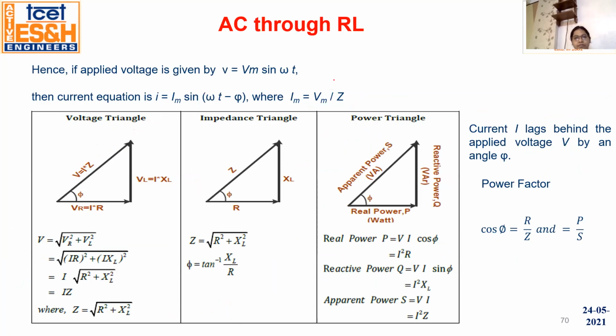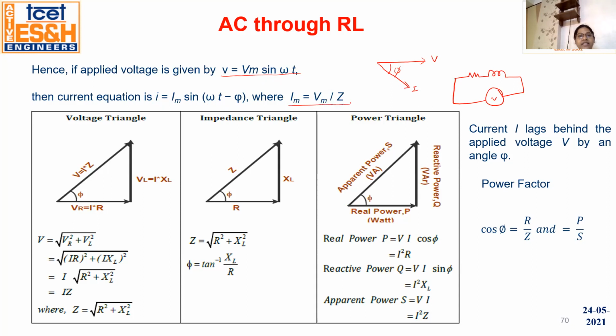As per the previous slide, we all know that V is equal to Vm sin omega t, and I now lags behind the voltage by angle phi in case of the RL circuit. In case of the RL circuit, the angle is less than 90. So here we can represent I is equal to I maximum sin omega t minus phi.